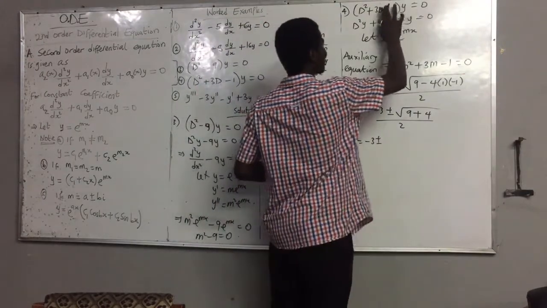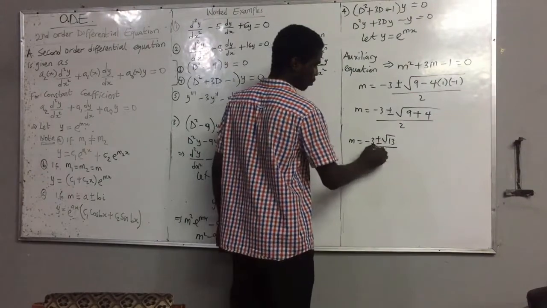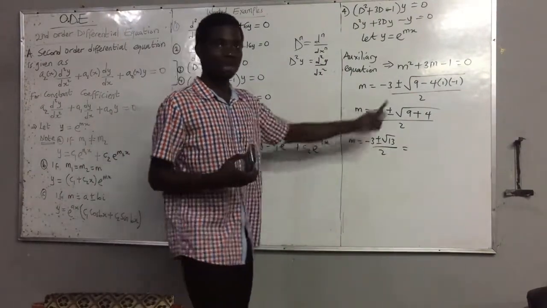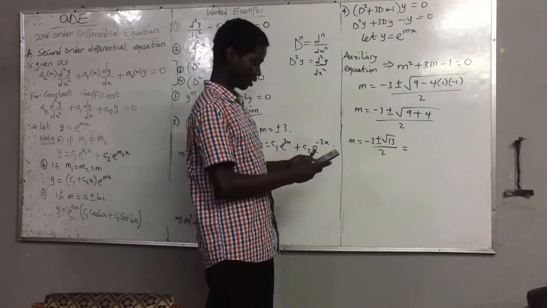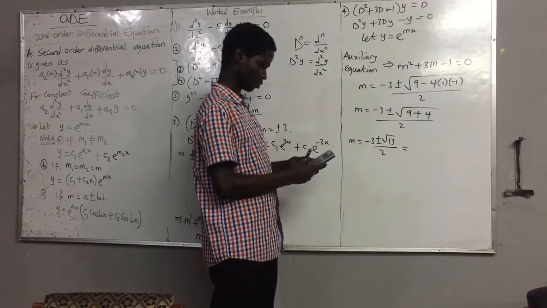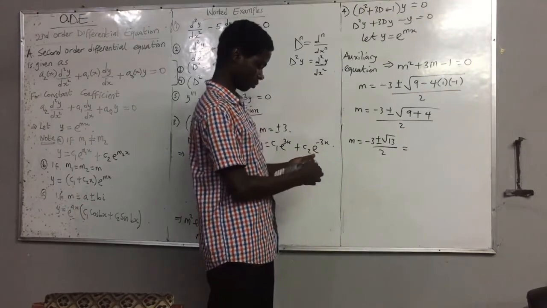So let's leave it as minus. So this is square root of 13 over 2. You can use a calculator, or this one will now be minus 3 plus root of 13 divided by 2.